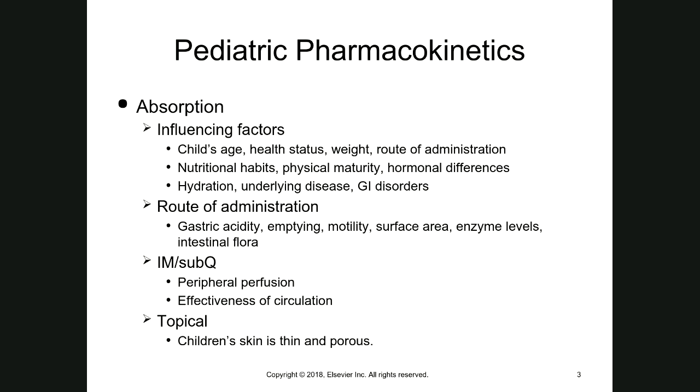You can't always go by weight in that issue. If you do, you're going to over medicate, because they metabolize it differently. So there's a lot of key factors you have to look at.